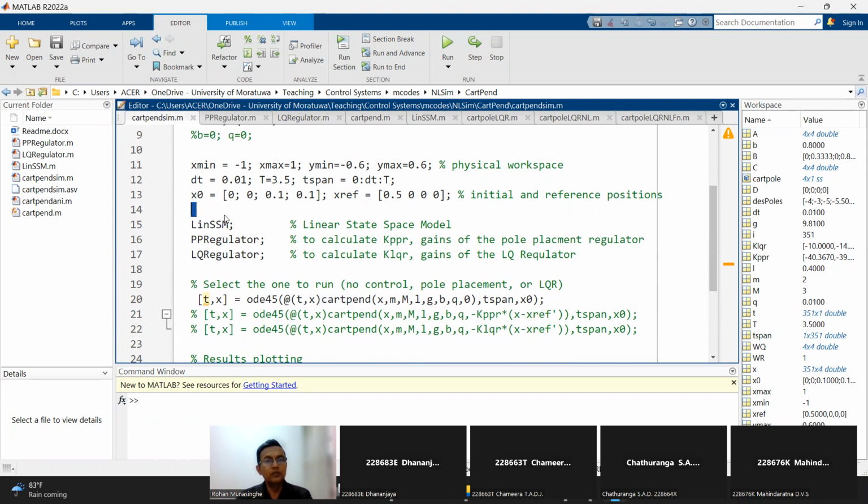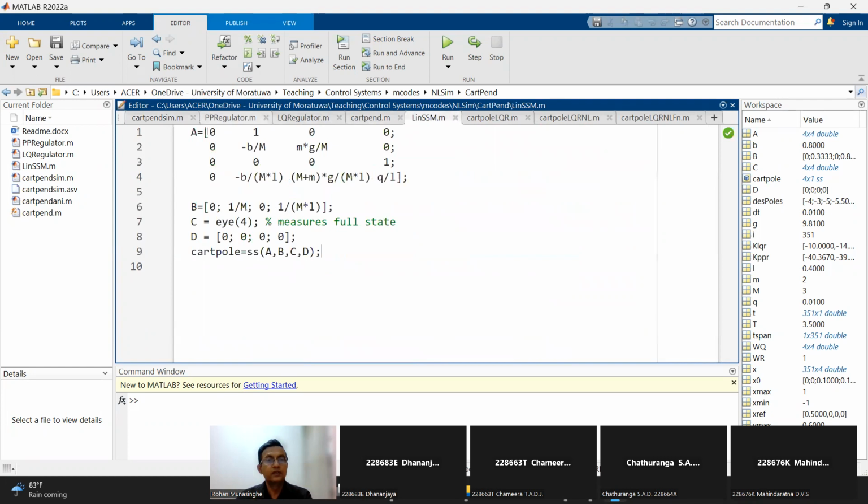So you have the linsim code, which is over here, which defines the state space model, and it generates a state space model by the name cartpole, using the ss command, state space A, B, C, and D.